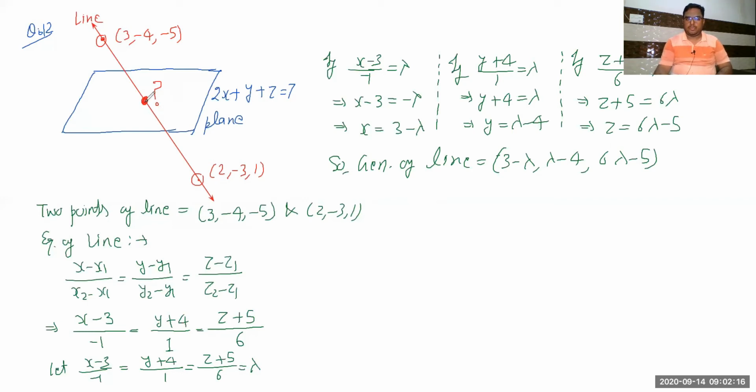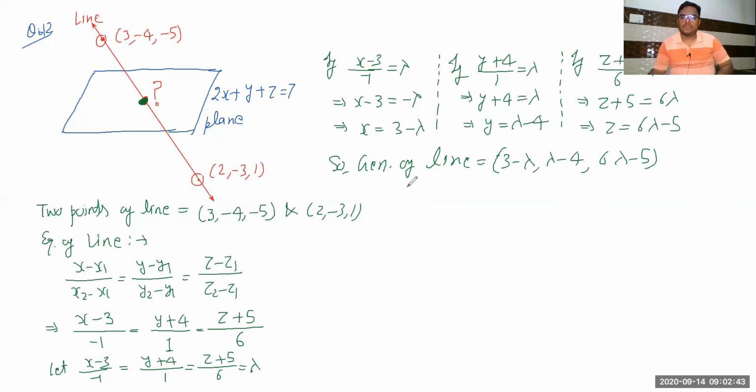And at the point of intersection, the general point of line will also satisfy the equation of plane because it is a common point, present on line as well as on plane. So if we put this point into the equation of plane, we will get a specific value of lambda, and that specific value of lambda will represent the position of point of intersection.